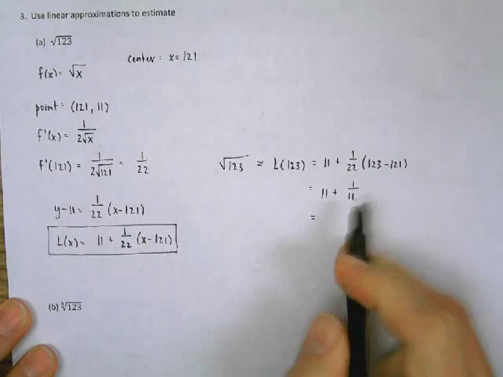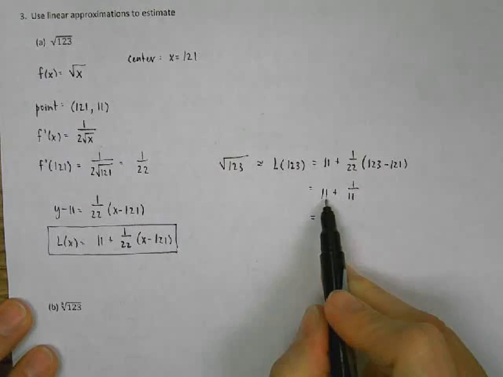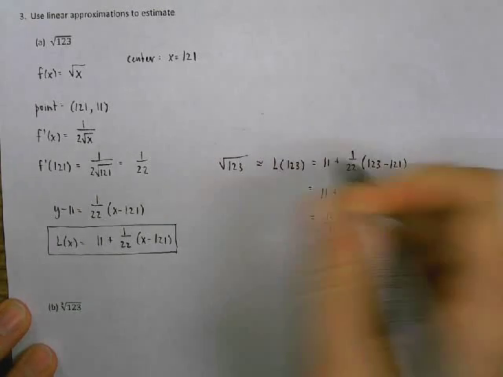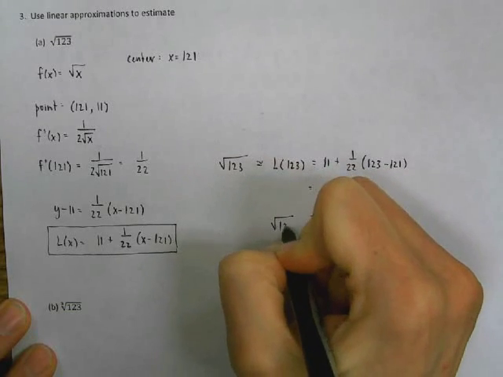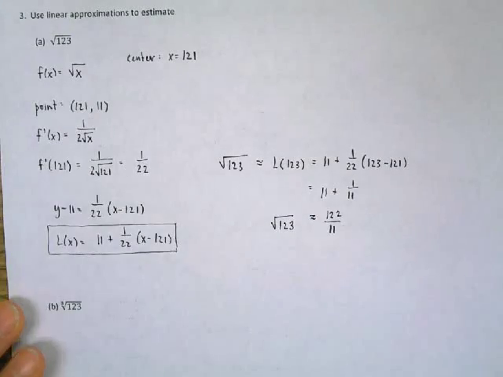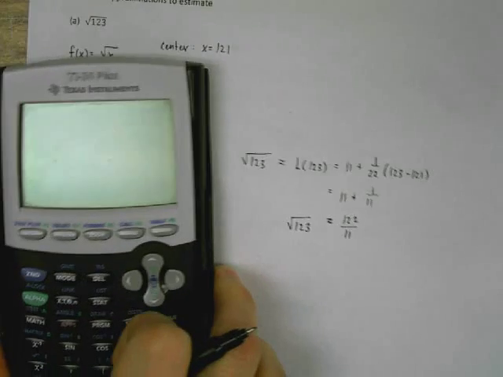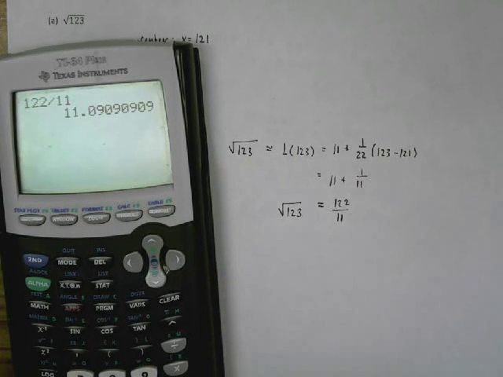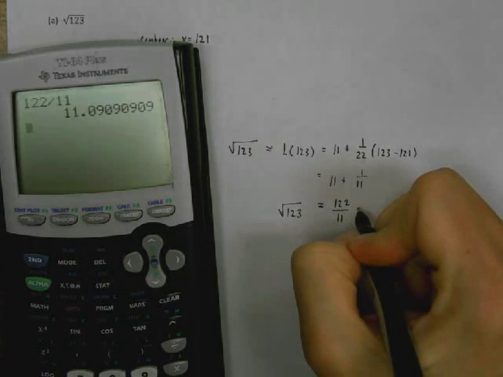And so common denominator, I'm going to get 121 plus 1, 122 over 11. So that's our approximation. It's about 122 over 11, which if we look at a decimal, we have 11.09 repeating.